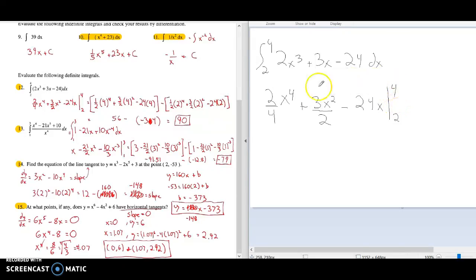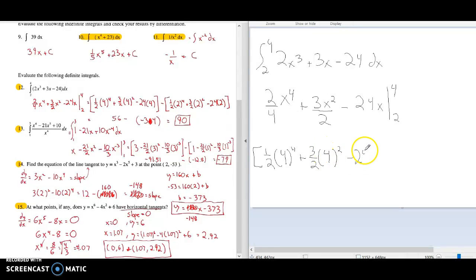All we do is plug in the 4 into x for our first part. I'm going to reduce this to 1/2. So we have 1/2 times 4 to the 4th plus 3/2 times 4 squared minus 24 times 4, oops, did I do that wrong? I did do that wrong. It's not 2, it's a 4.